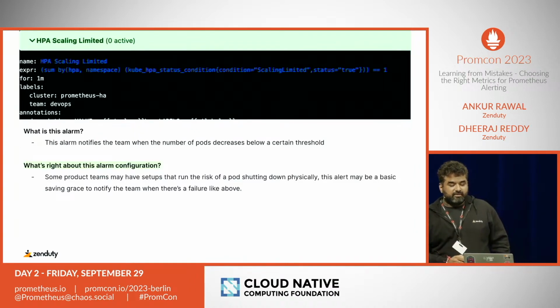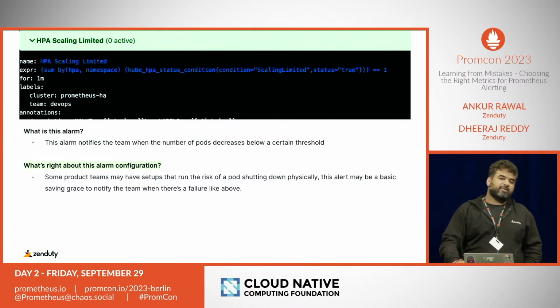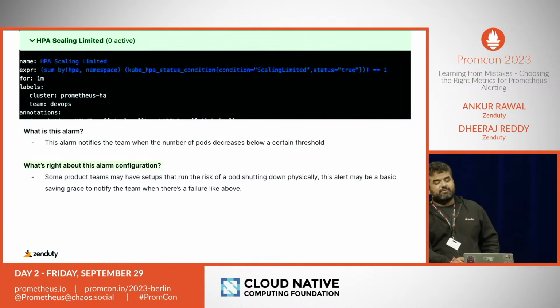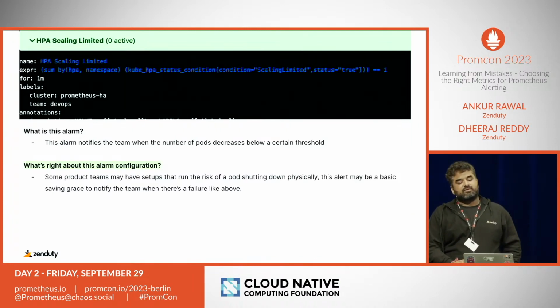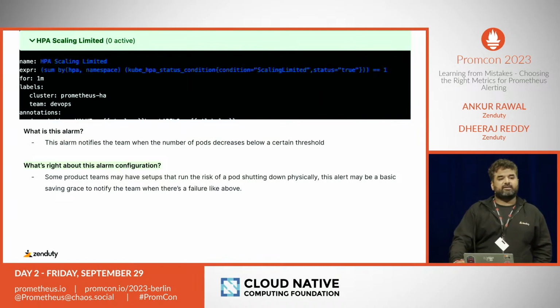The other would be related to our HPA. When we are setting up HPA, we have our min numbers and max numbers, right? So this is related to the minimum number of pods. This kind of alert will come if your minimum number of replicas and your desired capacity are equal.